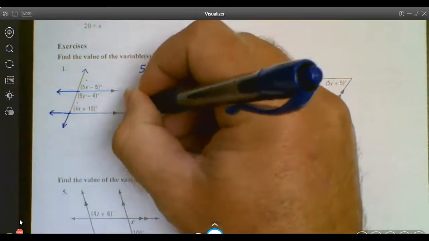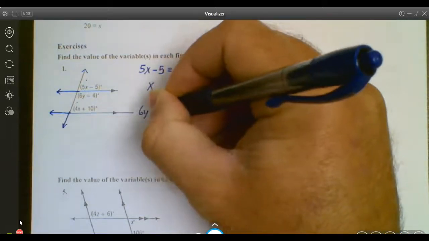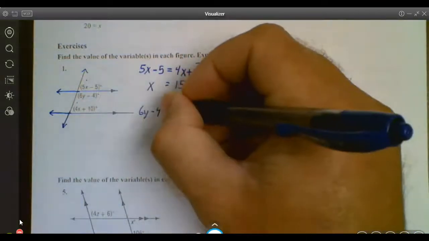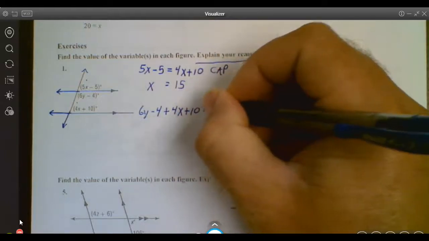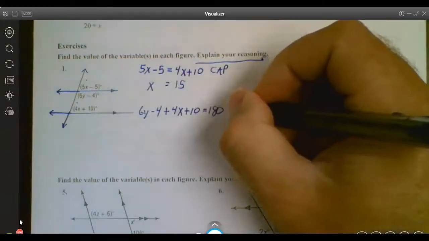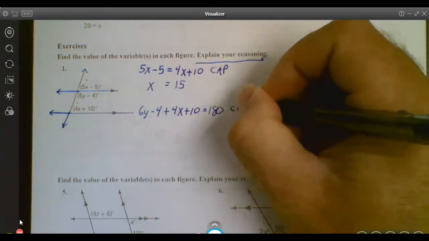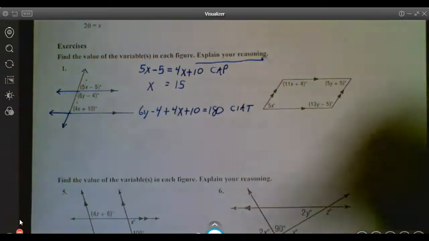I know that 6y minus 4 plus 4x plus 10 adds to 180. That is the consecutive interior angles theorem. But we now know that x is 15.